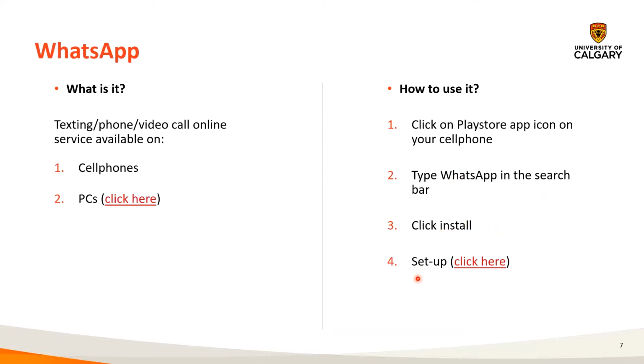Then you set it up with your personal information, which is mainly your cell phone number, and I have also attached the link on how to proceed with that setup, which contains information coming from the official WhatsApp page.